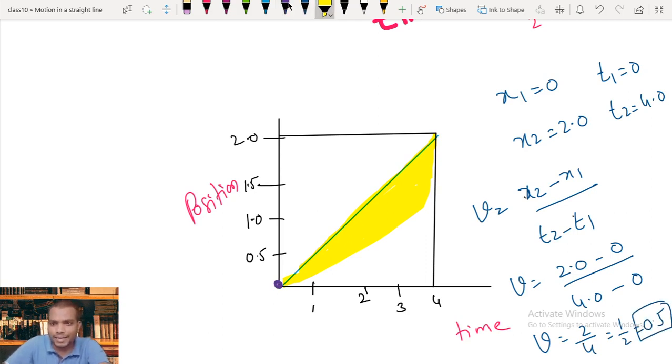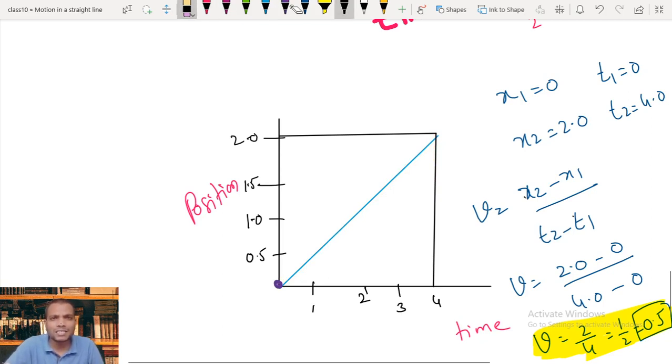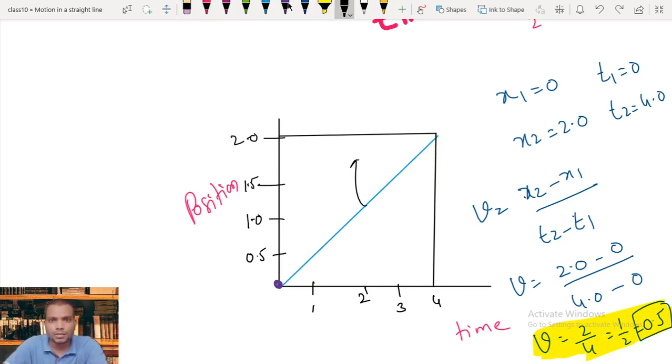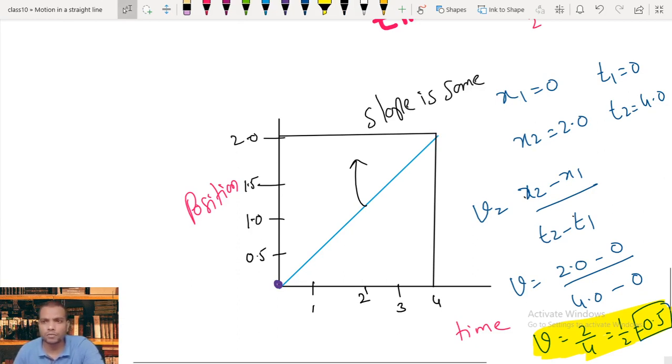So since it is a straight line passing through origin, it's having the same slope. It is not a non-linear curve, it is a straight line, so its slope is the same. Wherever you find on the line, it gives the same slope value.